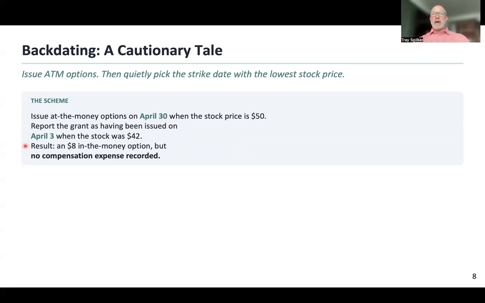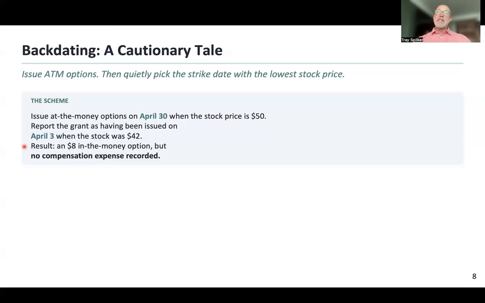But by the way they were doing this, because they issued it on April 30th at $50, with the share price at $50, there's no expense per se. But when they backdated it, they should have recognized an expense, that $8 times however many option contracts are granted. But no expense was recorded.